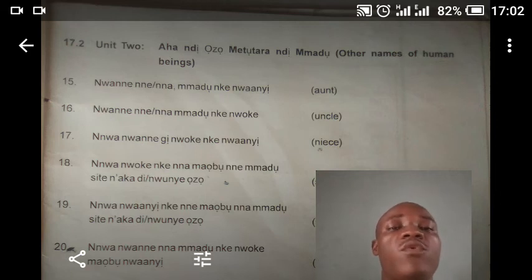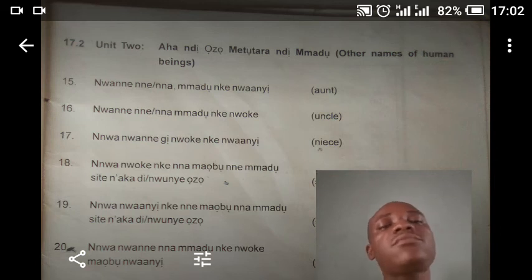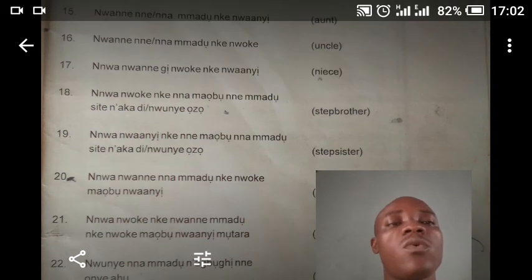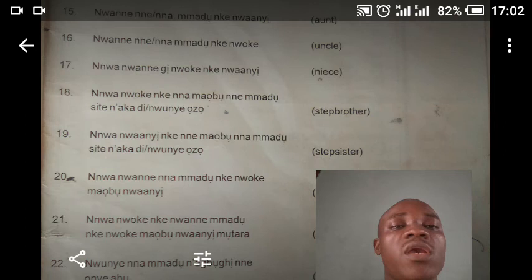We have nwa nwanne gị nwoke nke nwanyị, which means in English niece. Nwa nwoke nke nna ma ọ bụ nne mmadụ site n'aka di nwunye ọzọ.